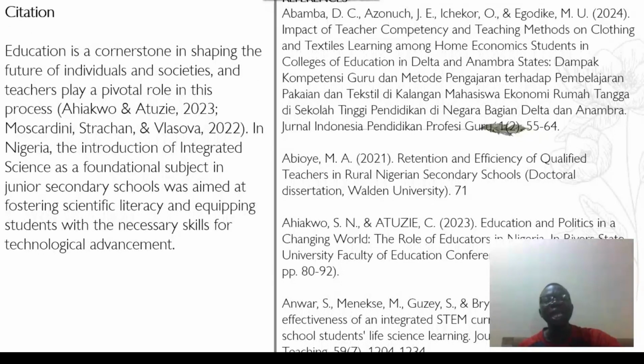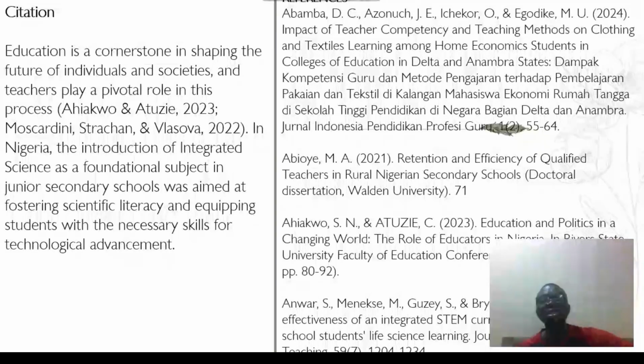And for every citation that you make, at the end of your project you will always have the list of references, which must be at the end of your project. That is why I am having the right hand side right now. These are the sources that have been cited in the body of this project where I took this from.